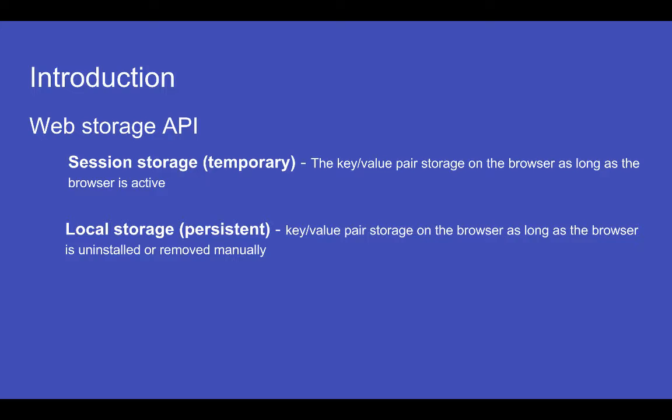If due to some security reason, the user agent might clear the data, but usually if you close the browser, then the session storage is lost. On the other hand, in local storage, the data is going to last forever. That means if you don't manually remove the data, it's going to be there in the browser. So you can close the browser and come back again, and you're going to see the data available in the browser.